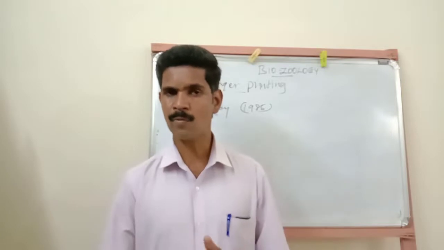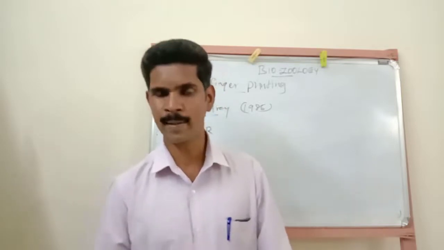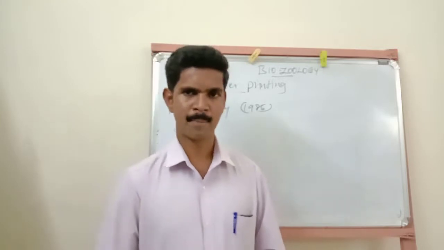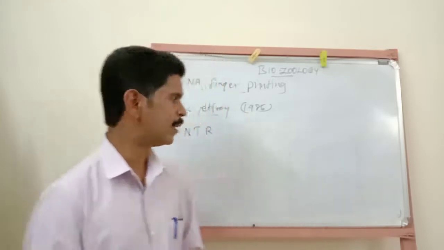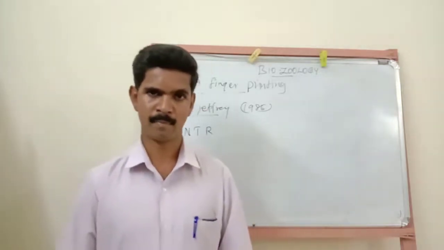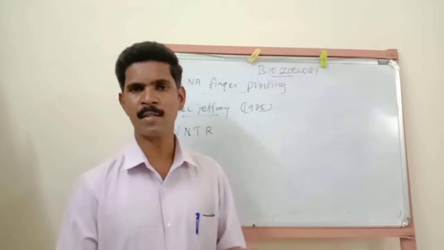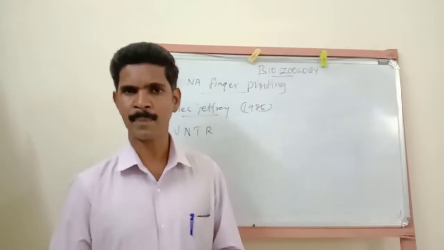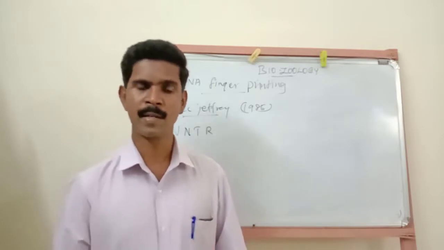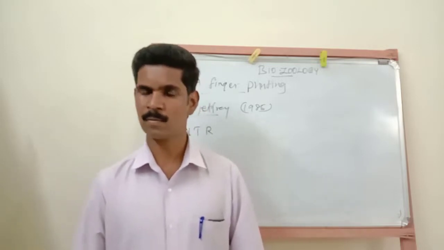So for the DNA fingerprinting technique, the DNA is taken from the blood, hair or skin cells and compared with the VNTR segments. By comparing with the VNTR segments, the doctors or scientists will identify the criminals. Okay, understand, my dear students?